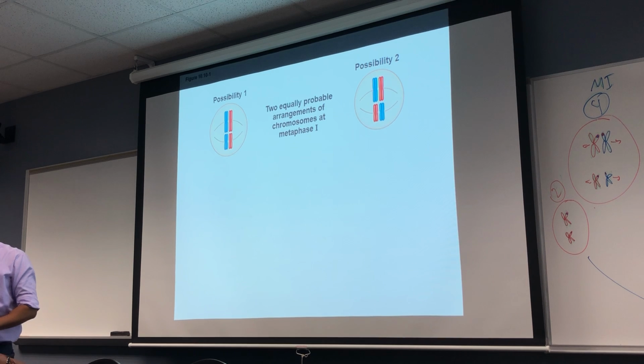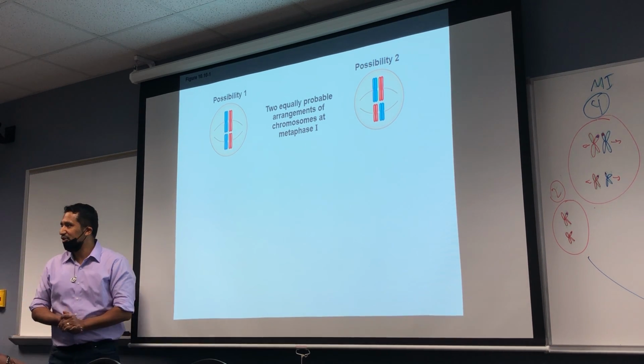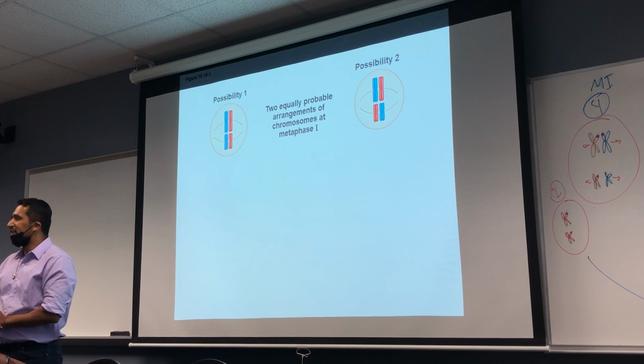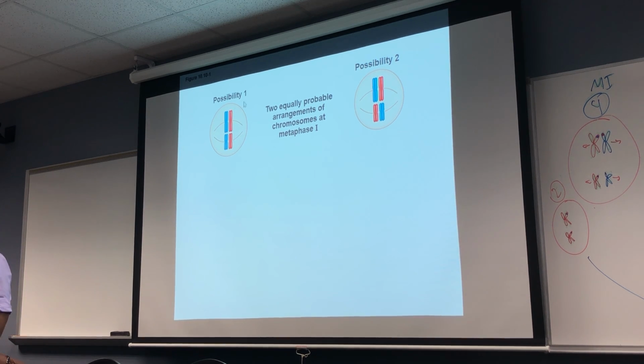Okay, so this is the assortment, right? You have these possibilities for these chromosomes. They can arrange in this manner or in this manner. Let's say you have 4 chromosomes, and these 2 are from your mom, and these 2 are from your dad, the same thing over here. They could either arrange on the left side all the ones that are from your dad, and on the right side all the ones that are from your mom, or it could be mixed, like here one from dad, here one from dad, either one, okay?